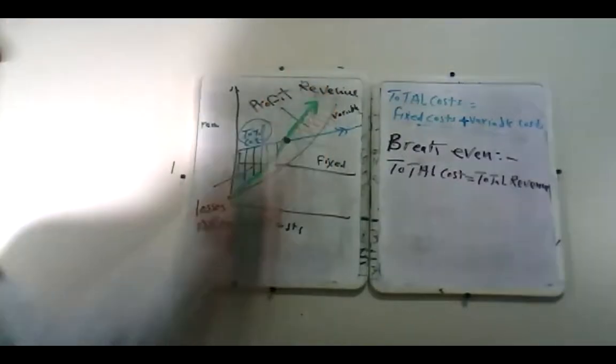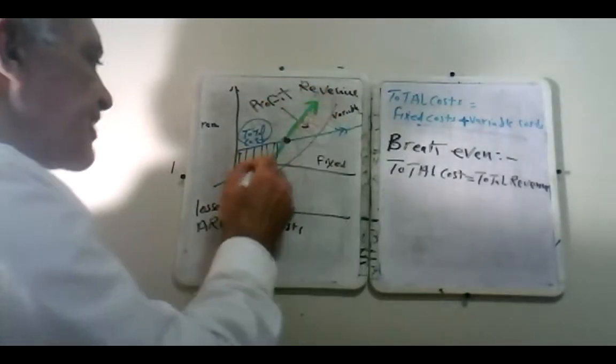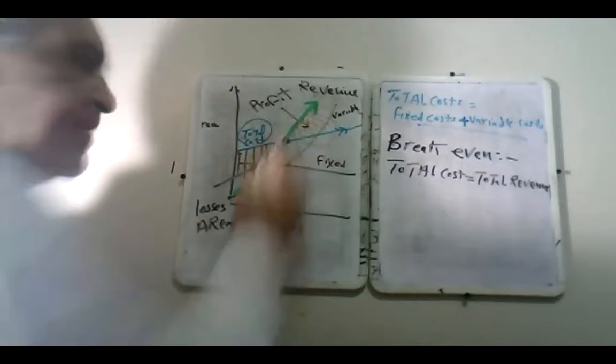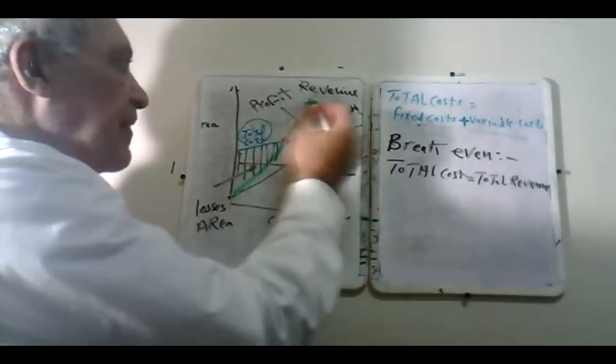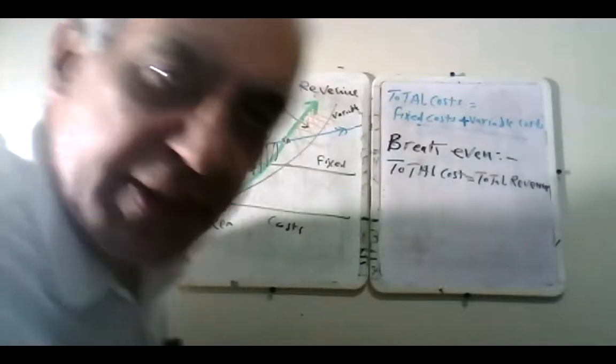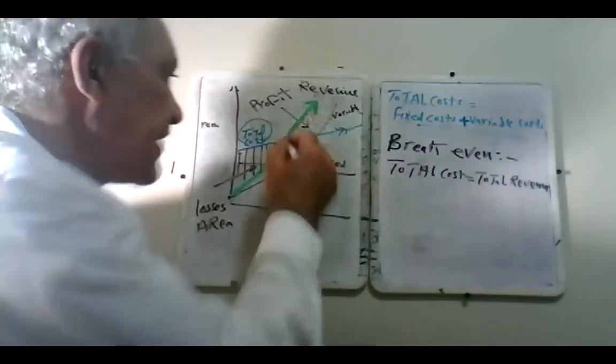So we have an area of loss before the break-even point, and we have a profit zone after the break-even point.